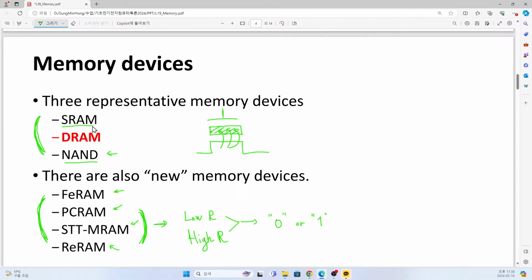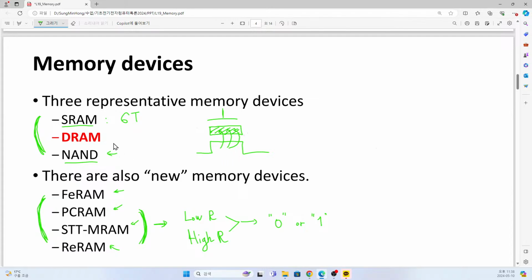After that, I moved to the SRAM. SRAM is static, and we need 6 transistors. Although it has many good properties, in terms of capacity it has clear disadvantages.